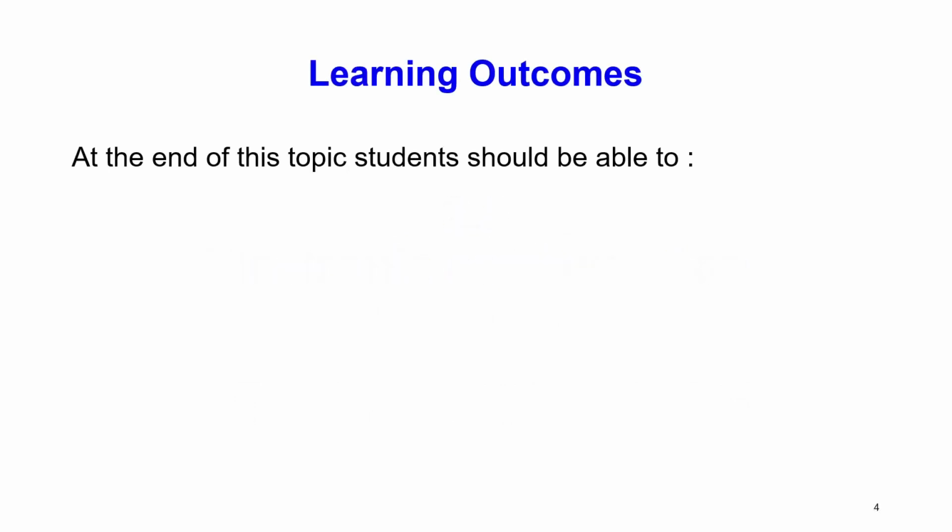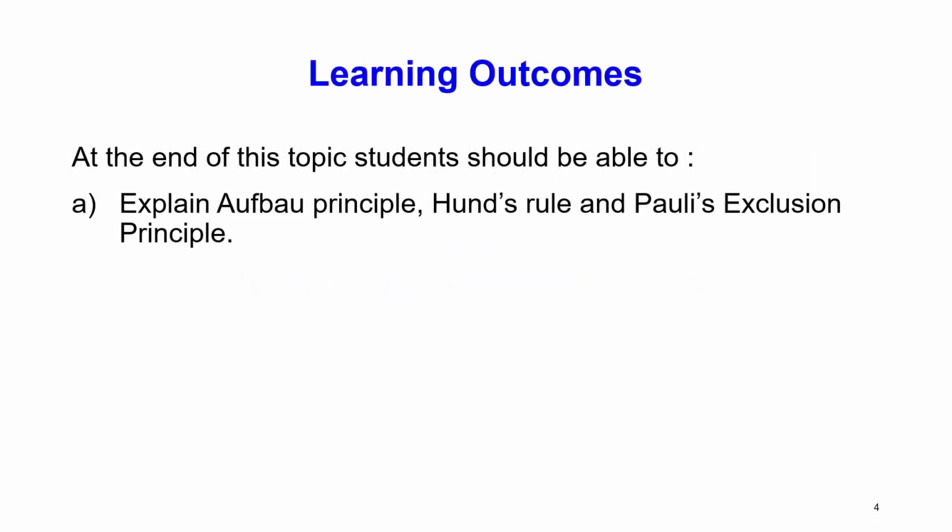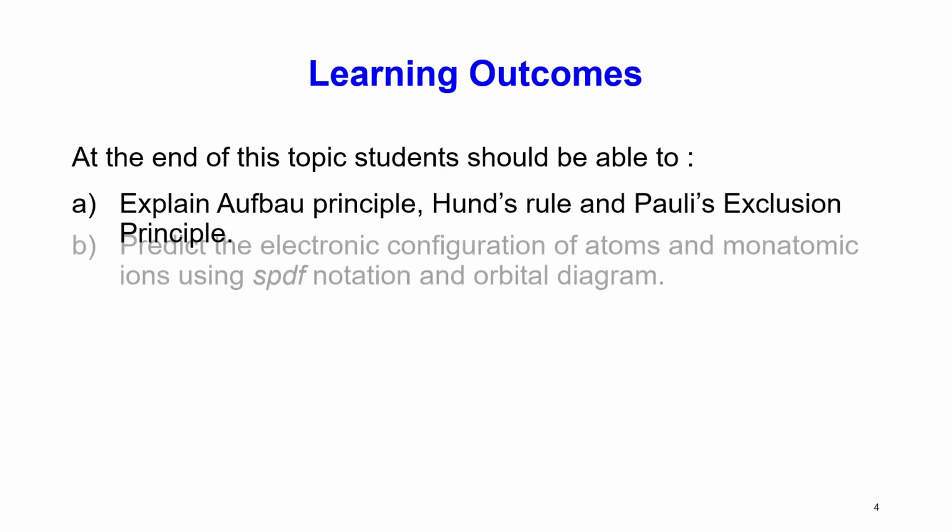So 2.3 is about electronic configuration. In this subtopic, you should be able to explain what is the Aufbau principle, Hund's rule and Pauli exclusion principle. Actually, these rules and principles are used to arrange electrons in an atomic orbital. How do we arrange electrons?